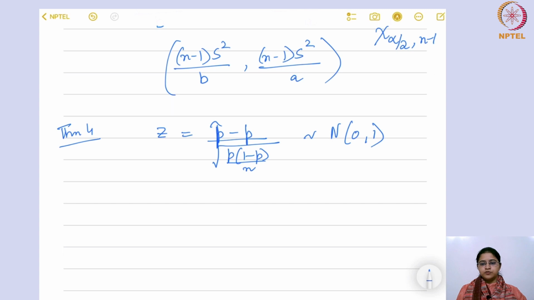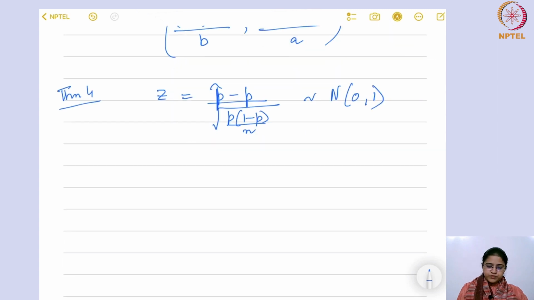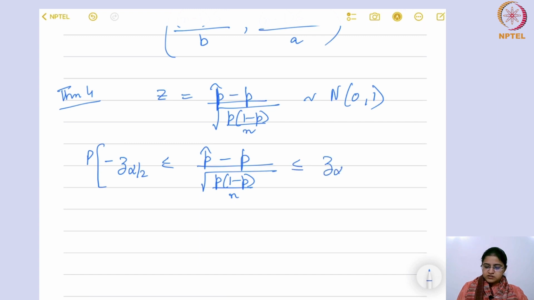This we already know. Now I can simply use this concept. It would fall between minus z alpha by 2 and z alpha by 2, and this probability would be 1 minus alpha.